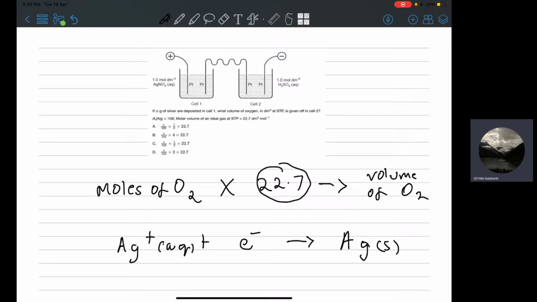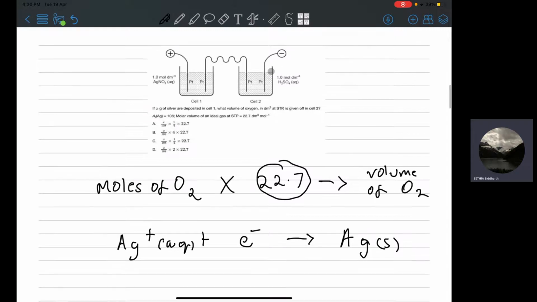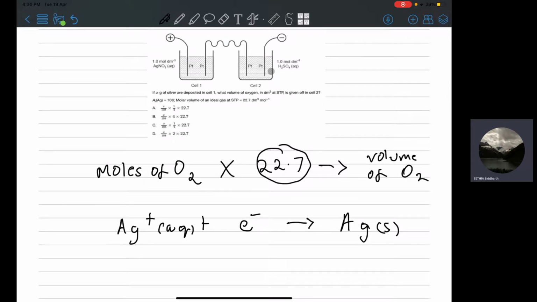Hopefully you can see that. Hopefully you understand that in order for silver to be formed or to be deposited, we need Ag+ to get reduced. We need it to take an electron and form Ag. Now, in order for silver to be reduced, we're going to need something else to be oxidized.